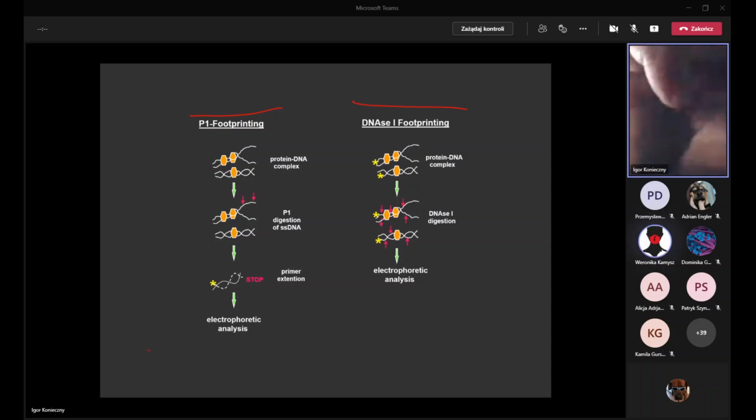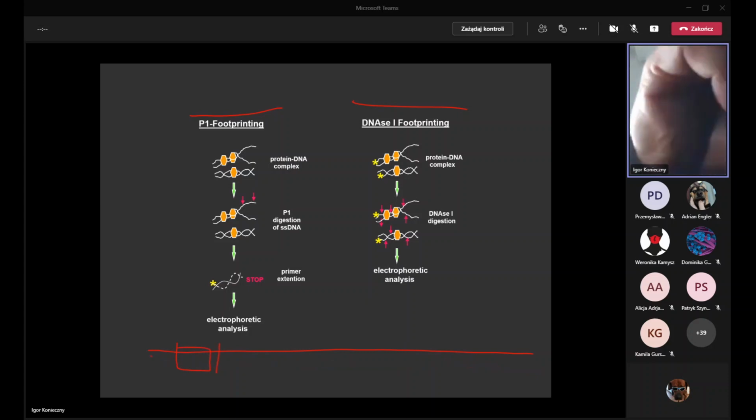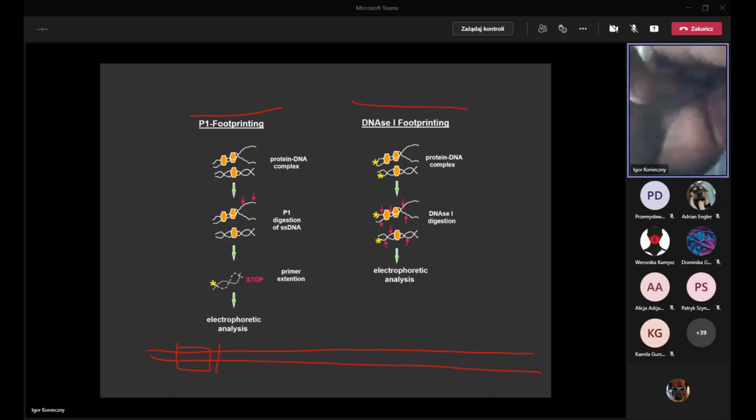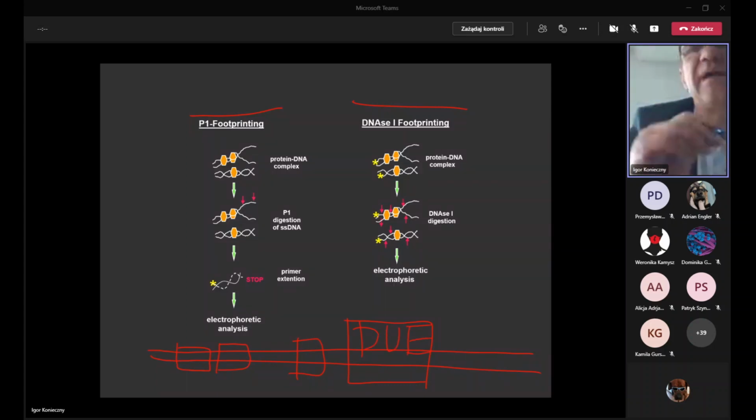Let's say I draw this: this is the replication origin, and it would have a binding site of a protein, another binding site for the protein, then another binding site of a protein, and then the DNA unwinding element, DUE, and then a binding site for another protein, let's say FIS, and so on.